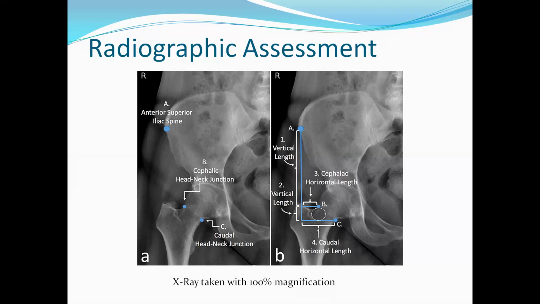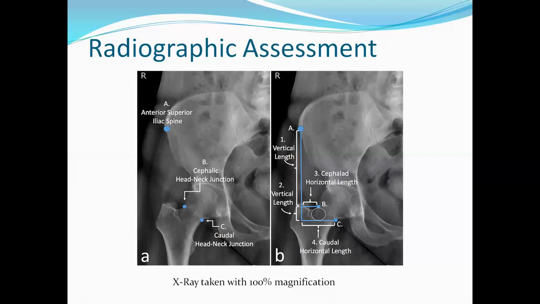In the AP view, the anterosuperior spine is marked. The cephalic junction of the femoral head and neck is marked here, and the caudal head and neck junction is marked here. These measurements are taken by drawing lines.